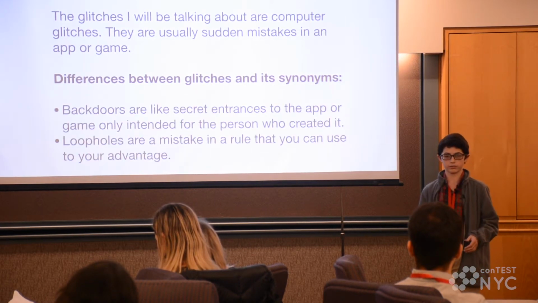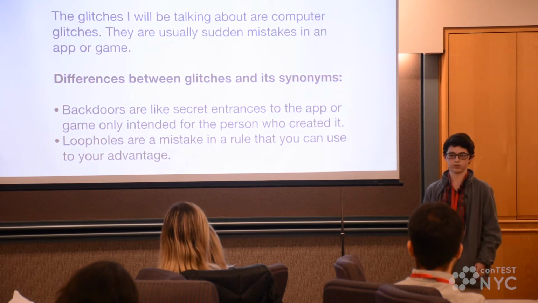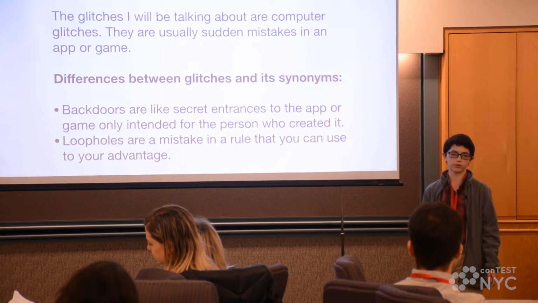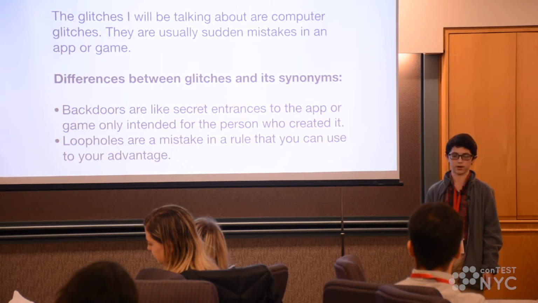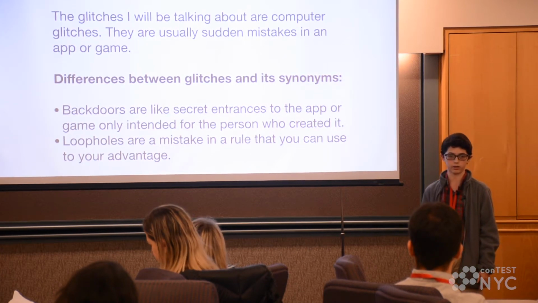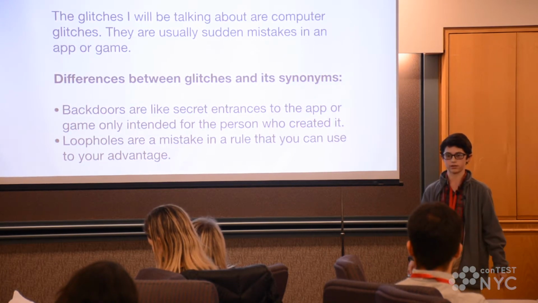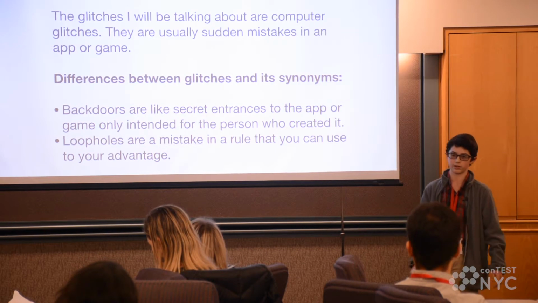Backdoors are secret entrances to something that give the person who found it something special, like developer access. Loopholes are usually something not intended to be found. So if you go to one restaurant, you buy fries, you get a free drink at that other restaurant. If you get a drink, you get free fries at the first place. It's a loophole that allows you to get infinite food, which you shouldn't have.